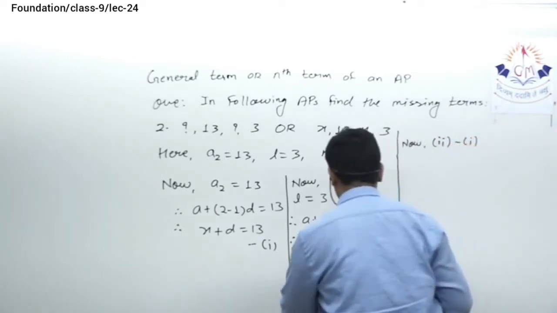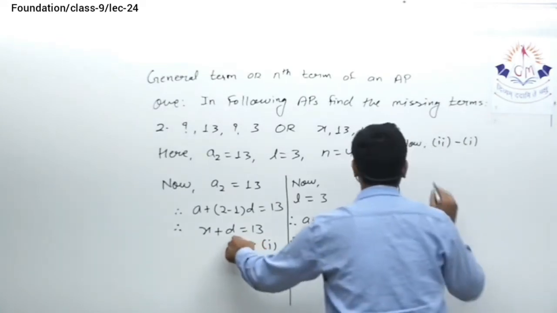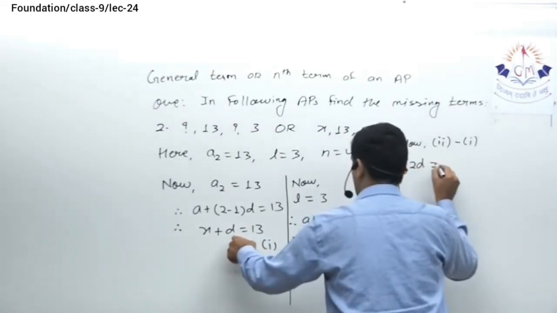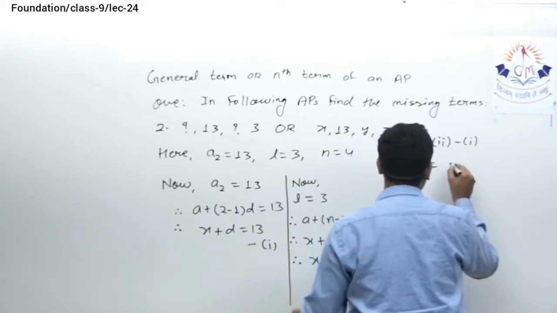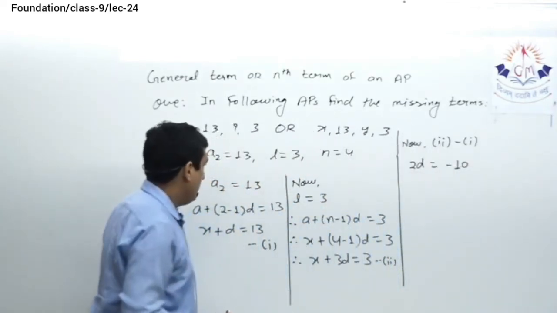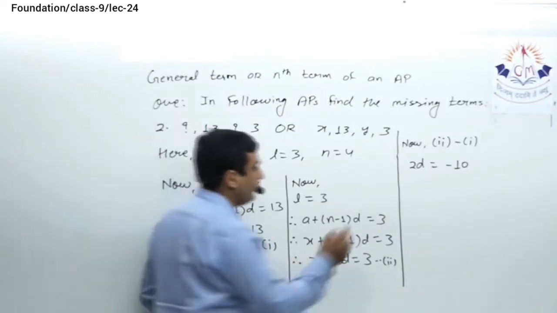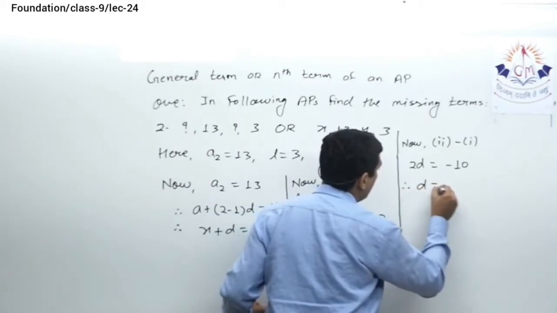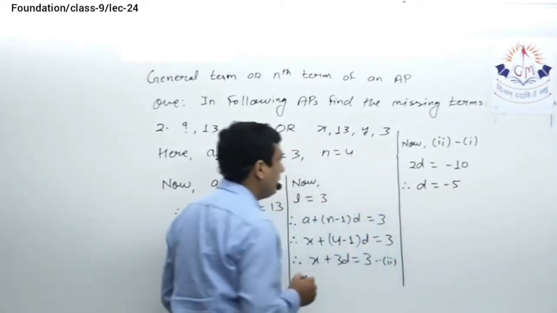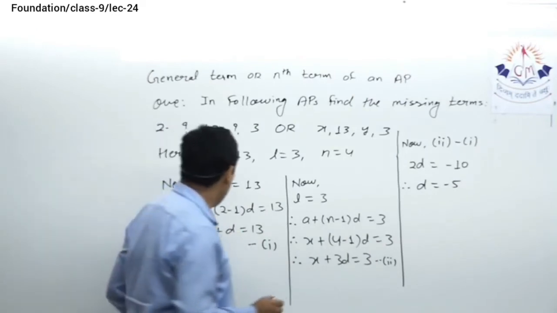So x minus x, 3d minus d, that is 2d is equal to 3 minus 13, that is minus 10. So this gives you the value of d. d is equal to minus 5. Now when you put d equal to minus 5 over here, you will get the value of x.